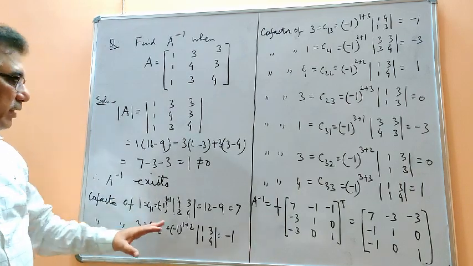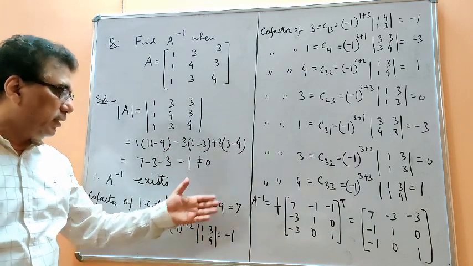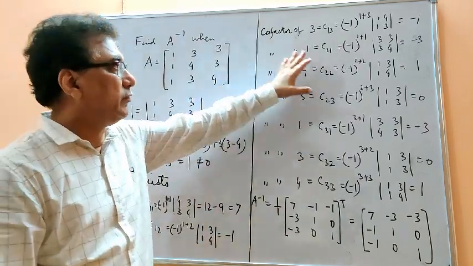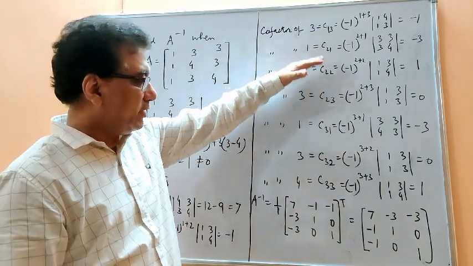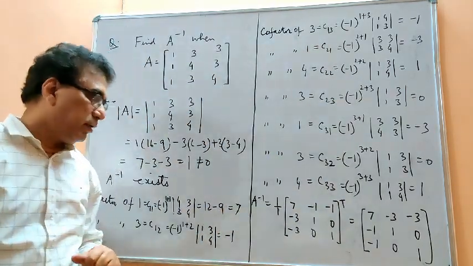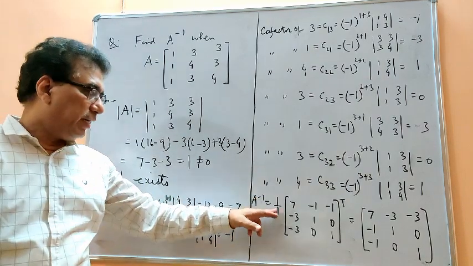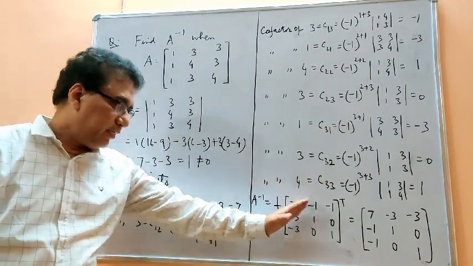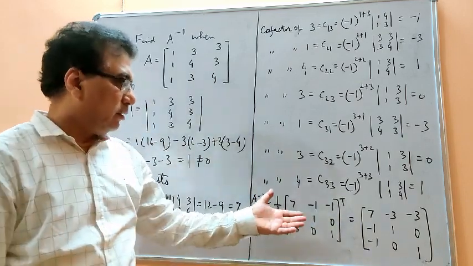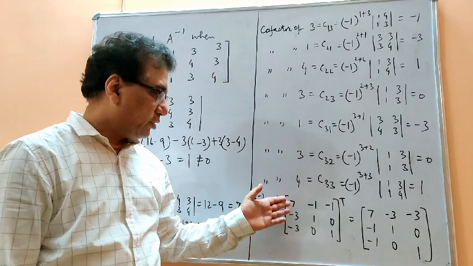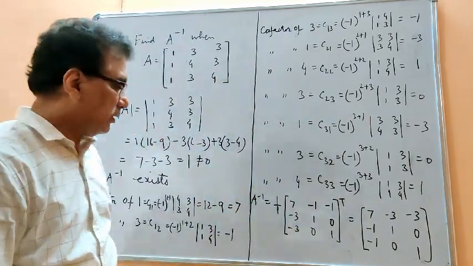I've calculated the cofactor of each element. You already know the method, how we do it. Still, I've given you the idea of which way you have to write. Then for the inverse, again I've applied the same rule, 1 by determinant A, and then adjoint A, which is the transpose of the matrix in which each element has been replaced by its cofactor.